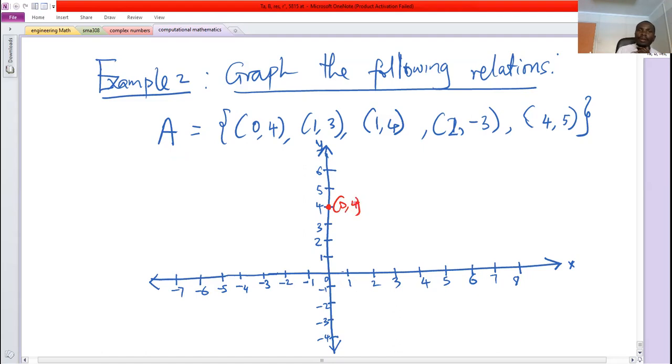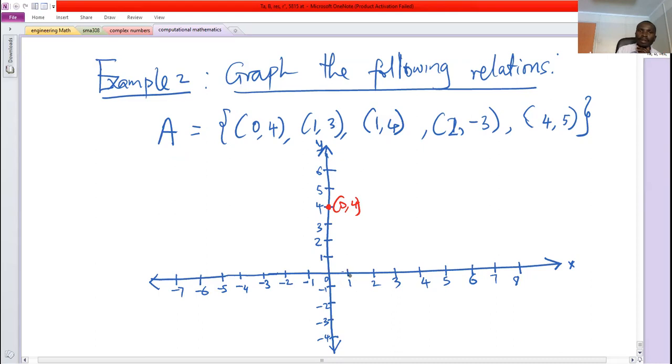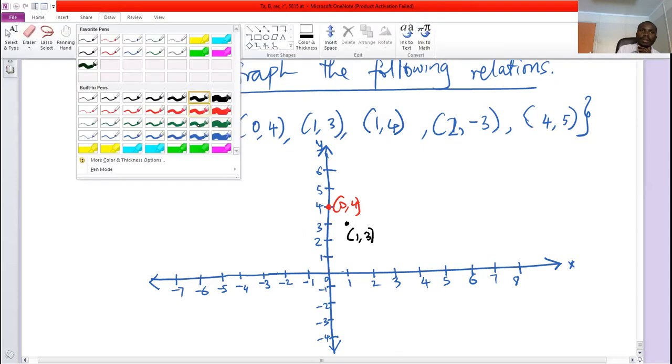And then the next point is (1, 3). So (1, 3) is this point here. Next point is (1, 4).